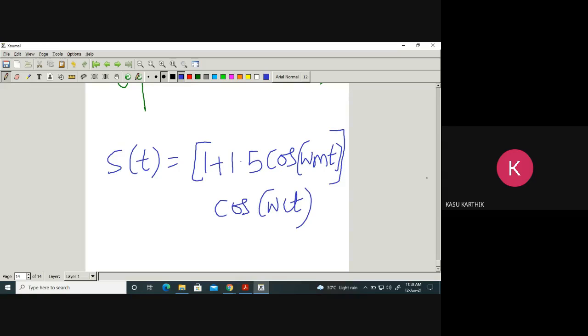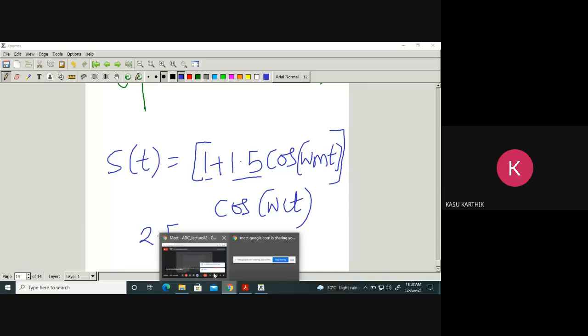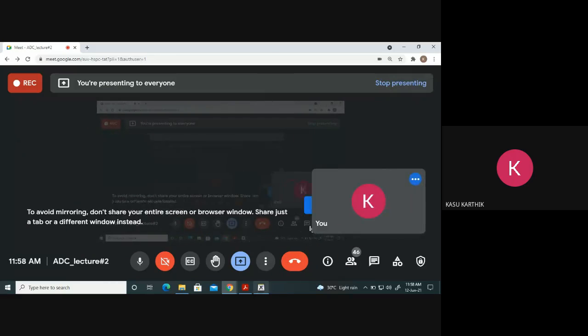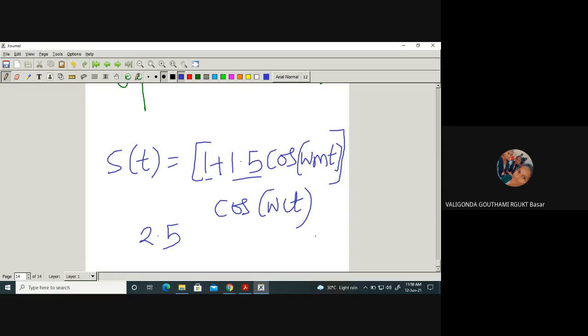What is the maximum amplitude of this S of t? How much is the maximum? 1 plus 1.5 means 2.5. 2.5, correct? Minimum? Minus 0.5.